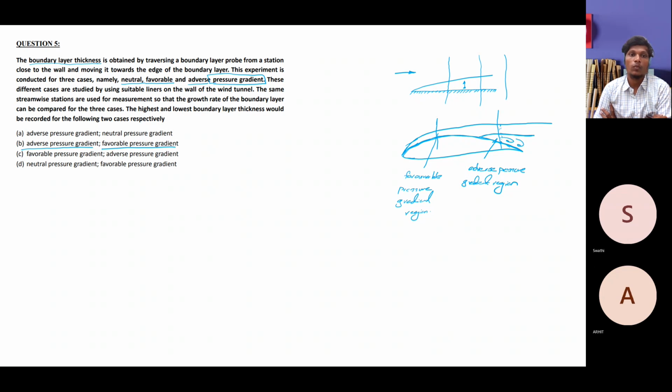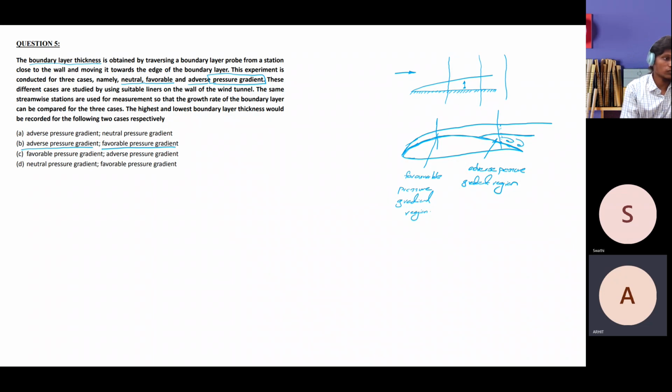That depends on how perfectly, accurately and carefully you are doing the PIV measurements. Yes, you can still see the separation, the recirculation region, vortices, everything you can very neatly visualize with the PIV. Okay, sir.